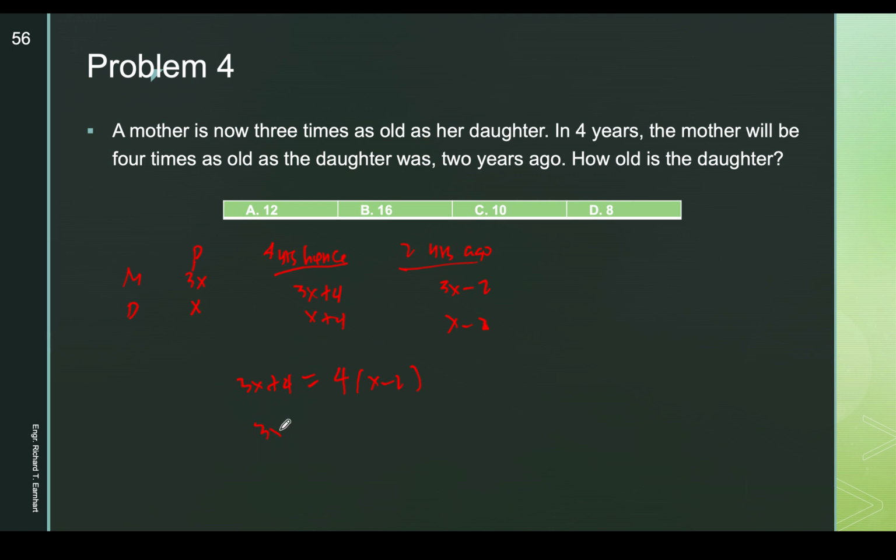So 3x plus 4 equals 4x minus 8. So x must be 12. The answer is 12. How old is the daughter? Referring to the present age.